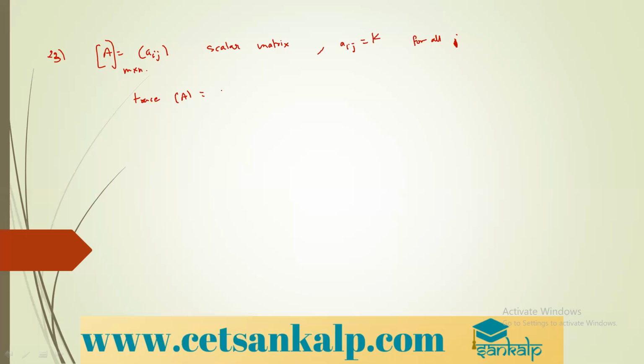The diagonal elements, clearly, are k. So k you will be adding, and how many times? Because there are n columns, you will be adding n times. And so the answer will be n times k.